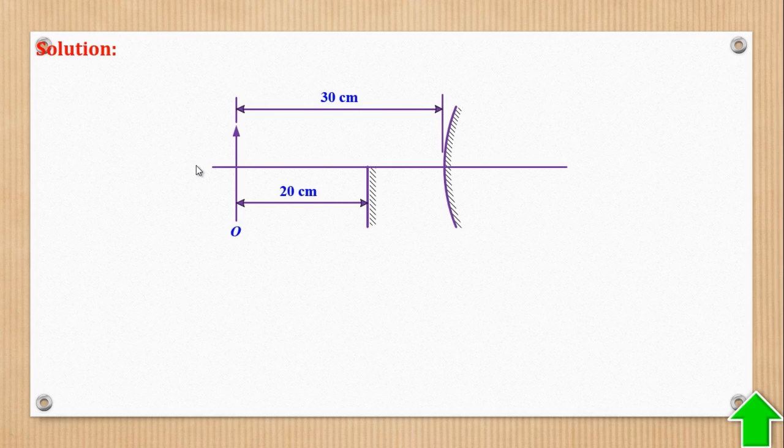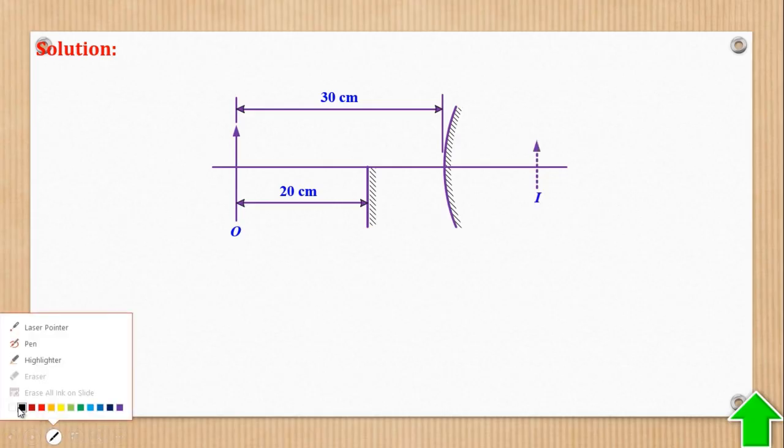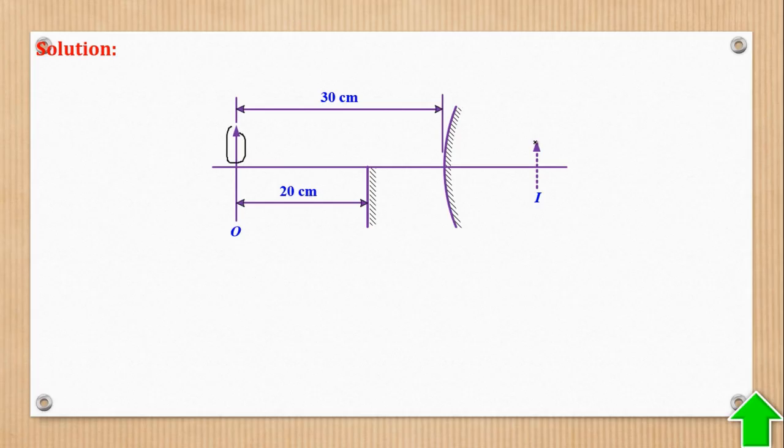So that is the diagram we are given in the question. Let the image be at this point, the final image formed. If you look at this, the top part is here and this is also here, meaning they coincide. The image using the plane mirror and the image using the curved mirror coincide, meaning if from here to here it is 20, then from here to here must also be 20, because for plane mirrors, image distance and object distance are the same.